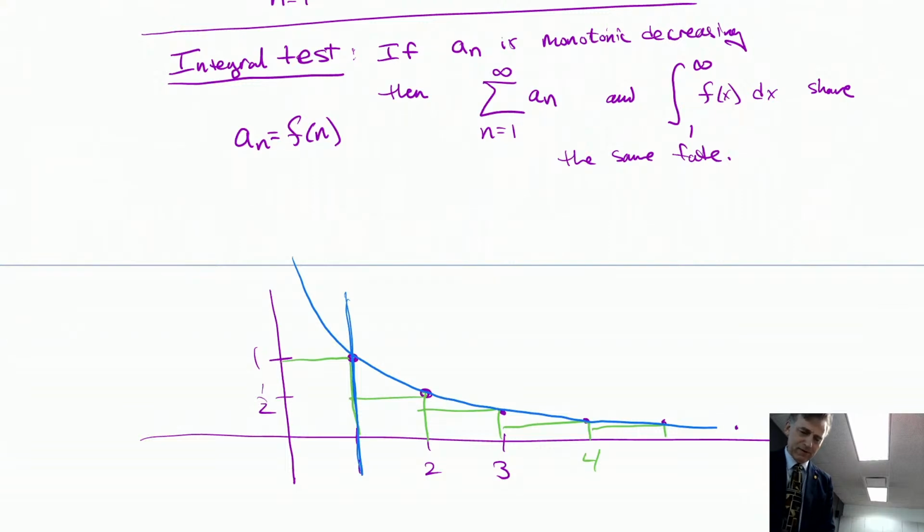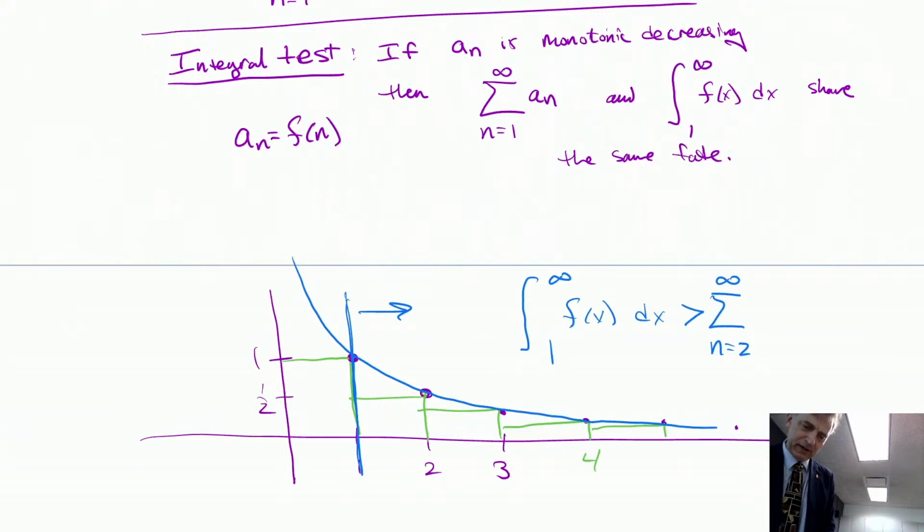And so that means that the integral from 1 to infinity of the function will be bigger than the sum where n goes from 2 to infinity of a sub n. I should have drawn my rectangles different, but this is the way it ended up. So this integral is bigger than these.